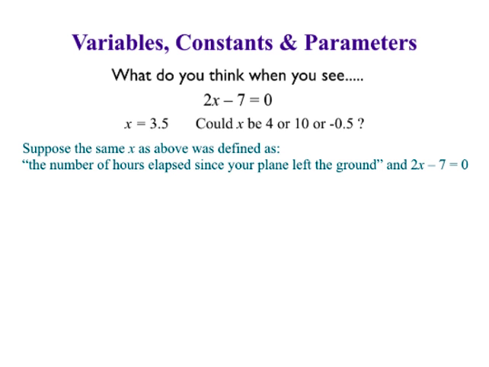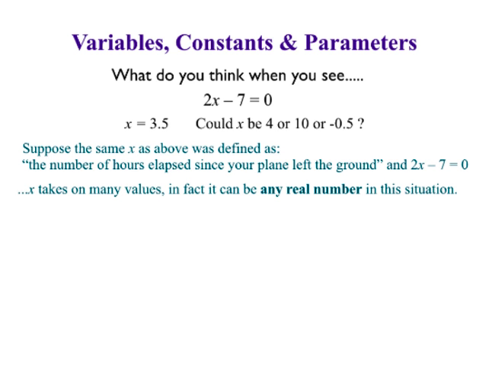Okay. So we want to think of that variables vary, right? There's a situation going on, and the value of x stands for something, and as it unfolds, that value of x can vary. Rather than 2x minus 7 equals 0 meaning x is 3.5 and it's never anything else, right?